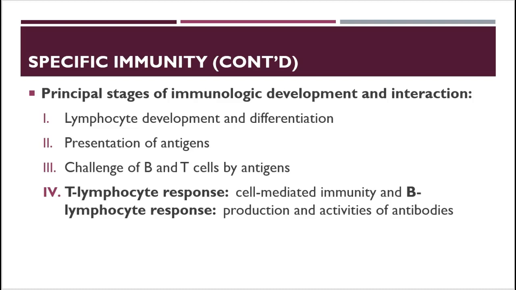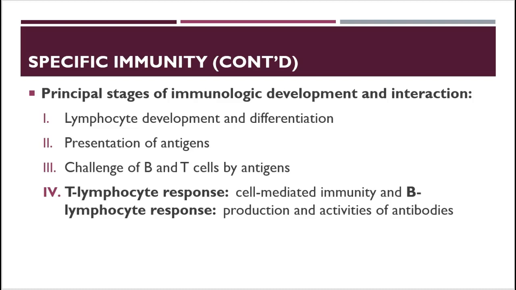So while B cells and T cells originate from the same type of lymphocyte, they are going to differentiate from one another through development in different tissues and maturation in those tissues with different chemicals.